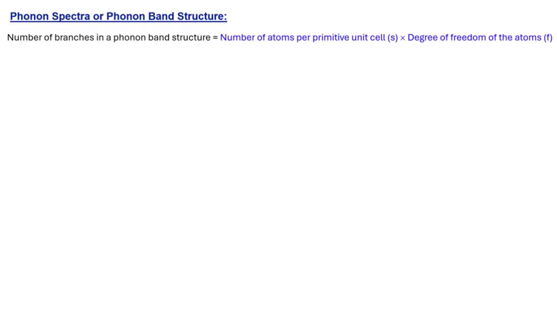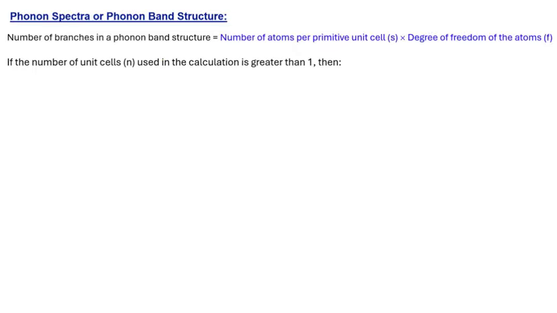Now if you want to know the number of branches in a phonon band structure of a certain type of lattice, how can we determine it? There is a relation by which we can determine the number of branches in a phonon band structure. That will be equal to the number of atoms per primitive unit cell times the degrees of freedom of the atoms in the unit cell.